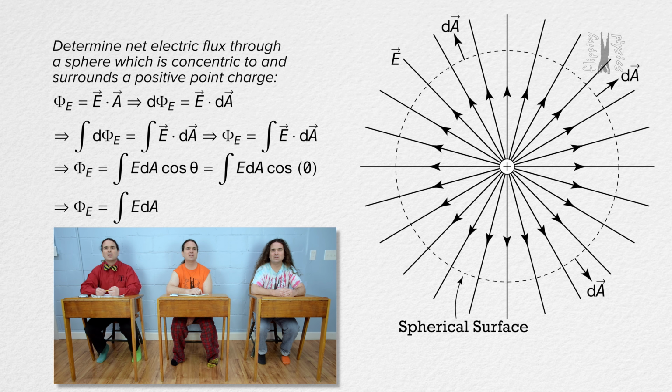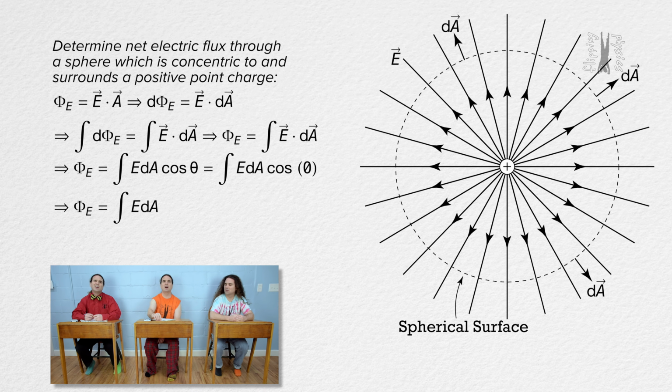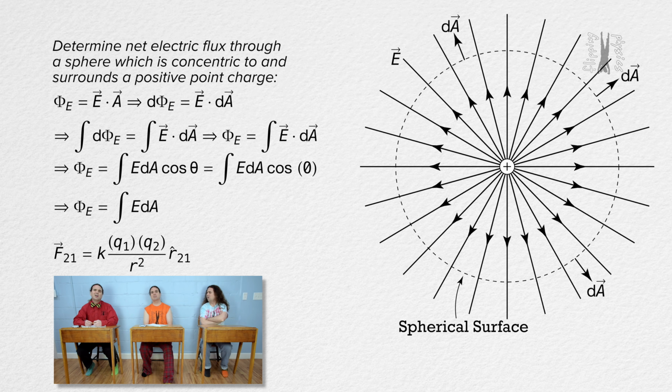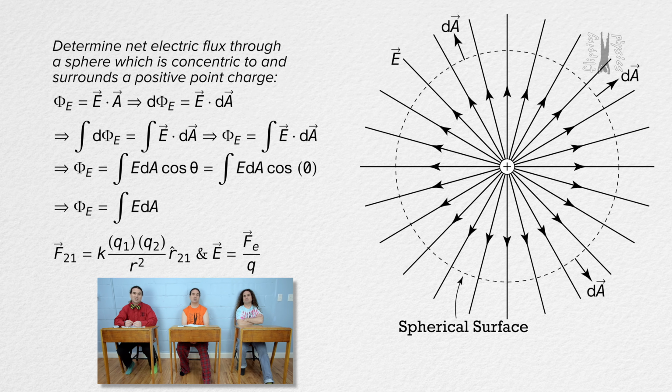Actually, the electric field has the same magnitude as it passes through every infinitesimally small area dA on the concentric spherical surface through which we are finding the flux. It does? Yeah. Coulomb's law gives the electrostatic force as the Coulomb constant times charge 1 times charge 2, all divided by the square of the distance between centers of charge, all times unit vector r. The electric field equals the electrostatic force divided by the charge on the small positive test charge.